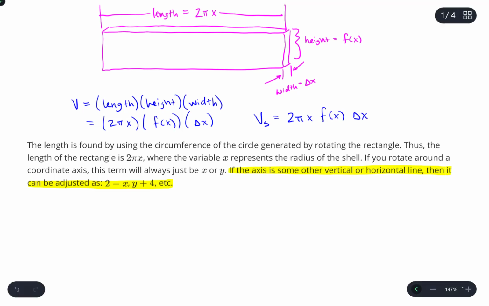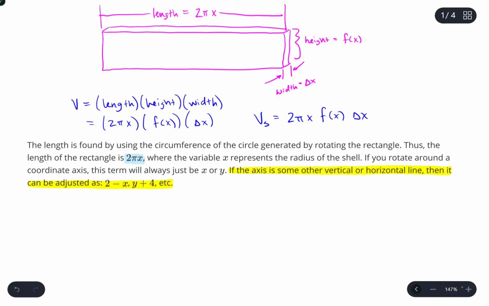And we'll see some examples that do that. But for the most part, if you're rotating around the x or the y-axis, this factor that represents the length of your rectangle or your shell is always going to be just 2 pi x or 2 pi y, depending on which axis you're rotating around. So just get used to that and try not to forget it.